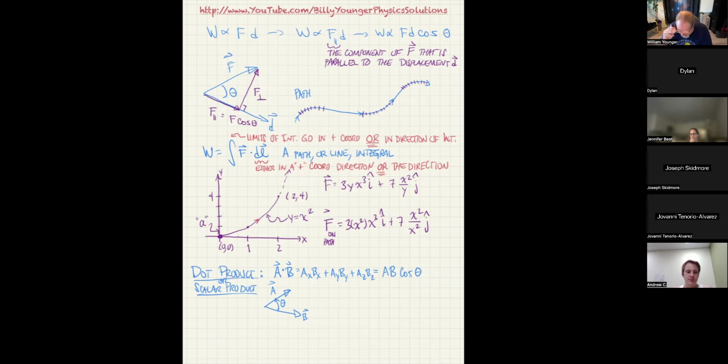And you can tell by looking at it again, I'm going to use the same stuff I did before. I can break the A up into a component that's perpendicular to B and a component that's parallel to B. This would be A cosine theta, and this would be A sine theta, which is A perpendicular.